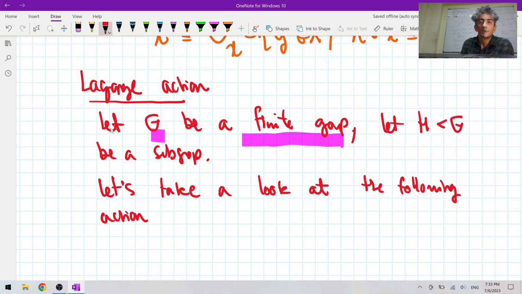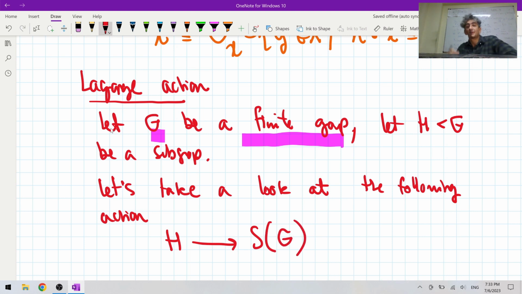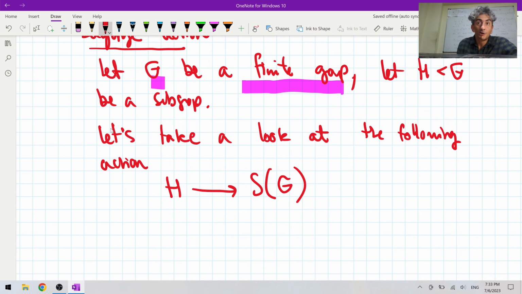The action is going to take an element of H, and it's going to do the following, okay? We're going to take a look at the bijections of G that are defined this way. So if you take an H, you're going to take a look at this bijection.